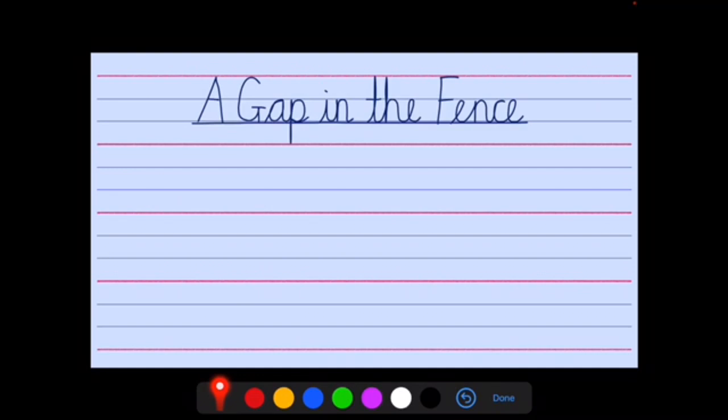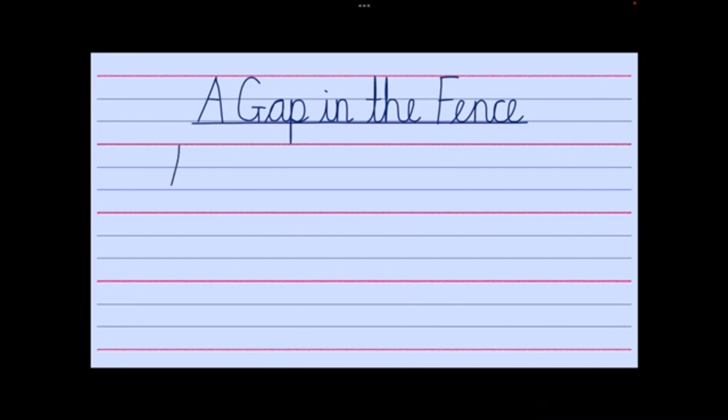Let's start with as he goes. I've left a little space at the beginning for the start of a paragraph. As he goes.